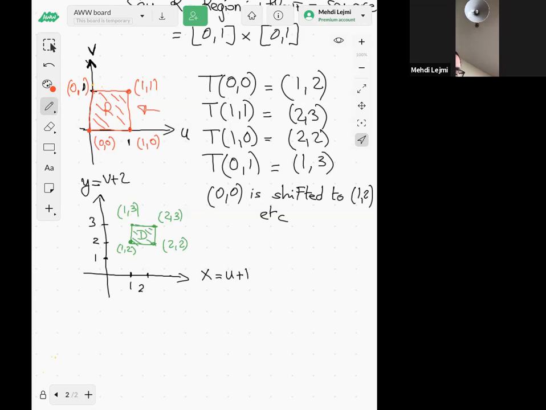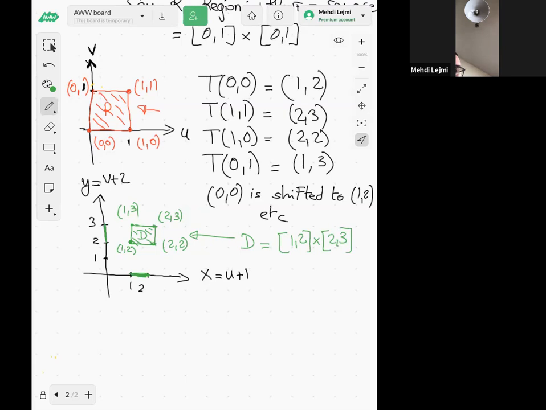Let's call this square D, and it's the interval [1, 2] cross the interval [2, 3]. Okay. So what we are saying here is that the image of the red square [0, 1] cross [0, 1] is also a square, and it's the square [1, 2] cross [2, 3], right?